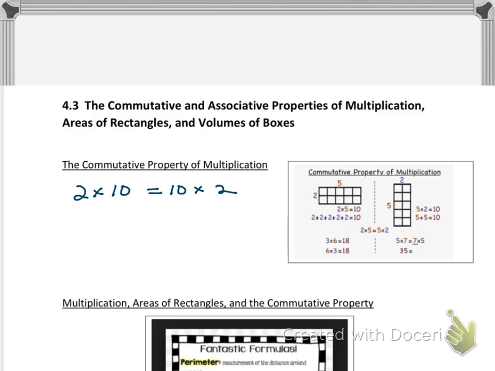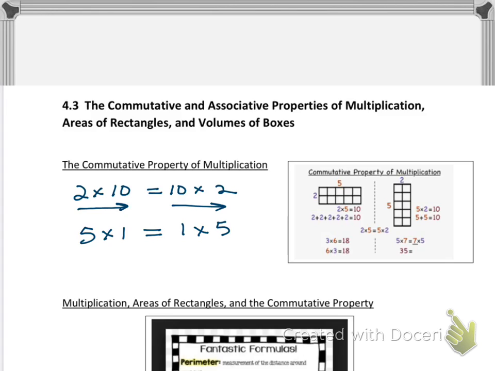Okay, that's your commutative property. Just reverse the order. It's kind of like commuting. You go this way to go into work, and you go this way to go back home. Okay, so another example would be 5 times 1 is equivalent to 1 times 5, and that equivalency demonstrates the commutative property.